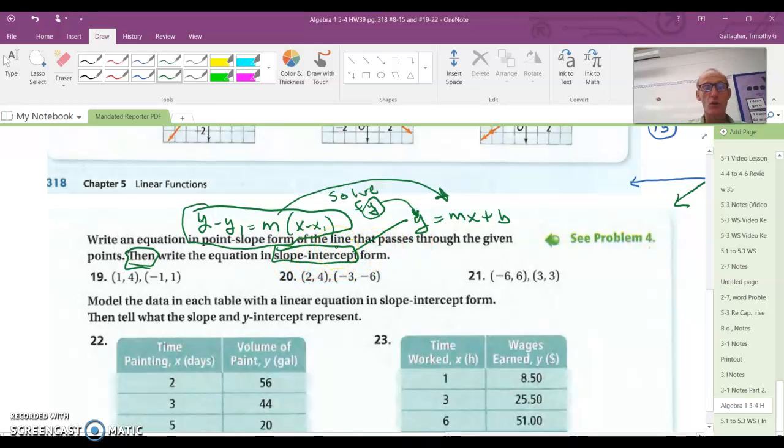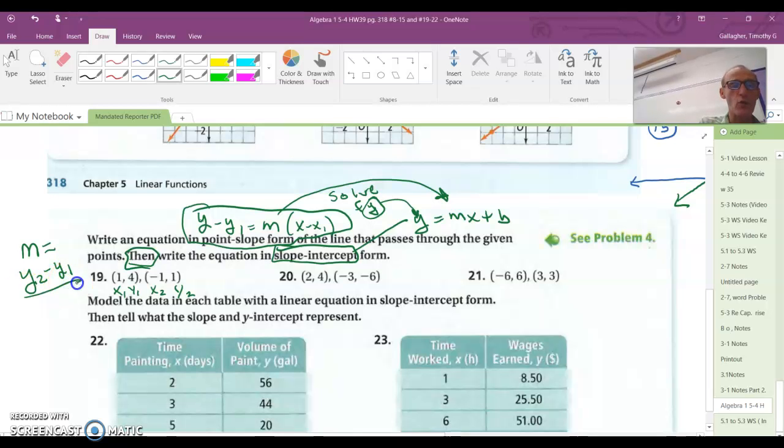Okay? So in order to do that, you need to find the slope. And you can label this one x1, y1, x2, y2. Now to find the slope, remember that m is equal to y2 minus y1 over x2 minus x1.